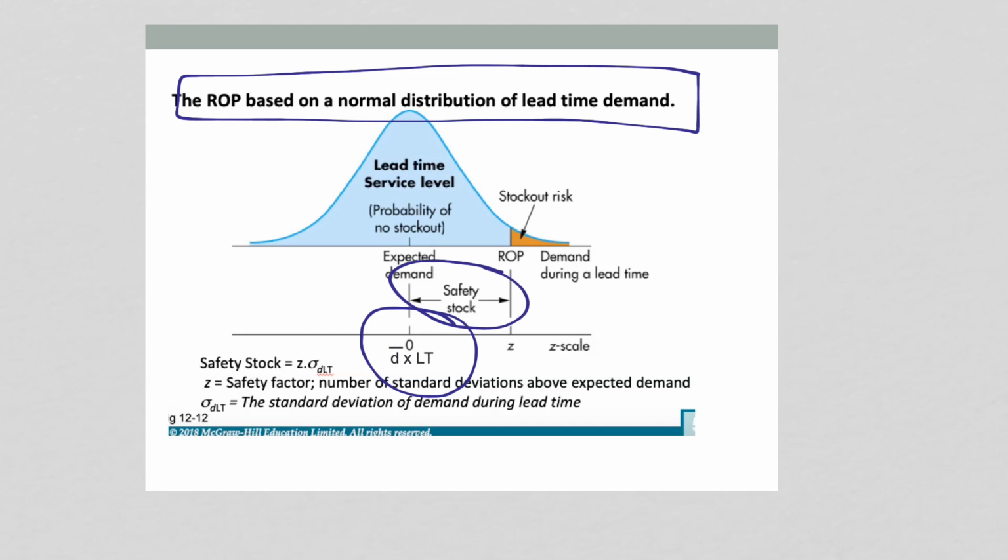And that safety stock factor is, guess what? A function of Z, which comes from our normal curve, and a sigma, which has to be given to you from the problem. So we have a sigma, which is from the lead time, and we've got a Z, which is the service level that we want to maintain.